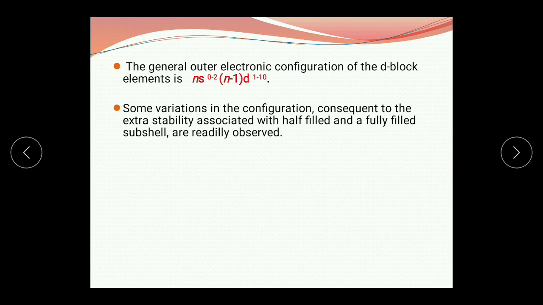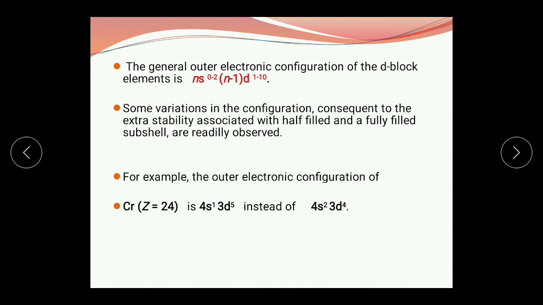And that is observed in some cases. For example, if we see the element chromium with atomic number 24, it should have electronic configuration 4s2 3d4. But when 3d5 is the electronic configuration, chromium will be more stable.